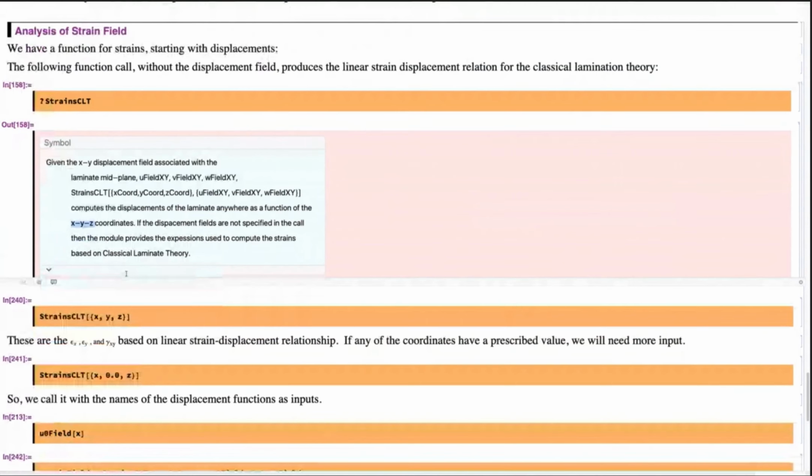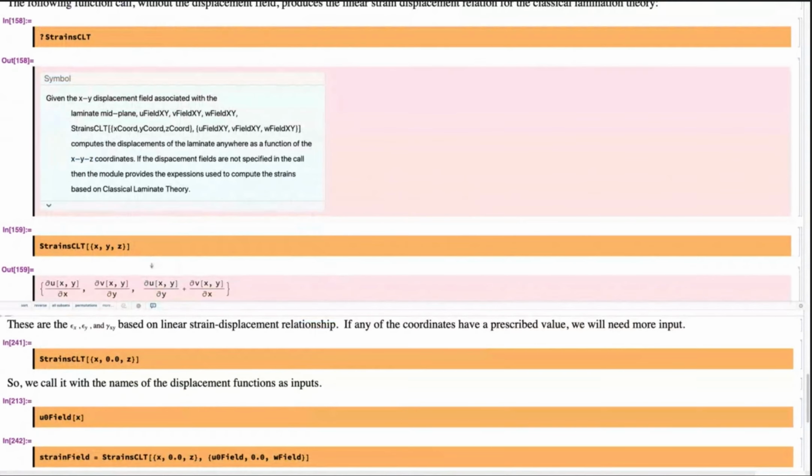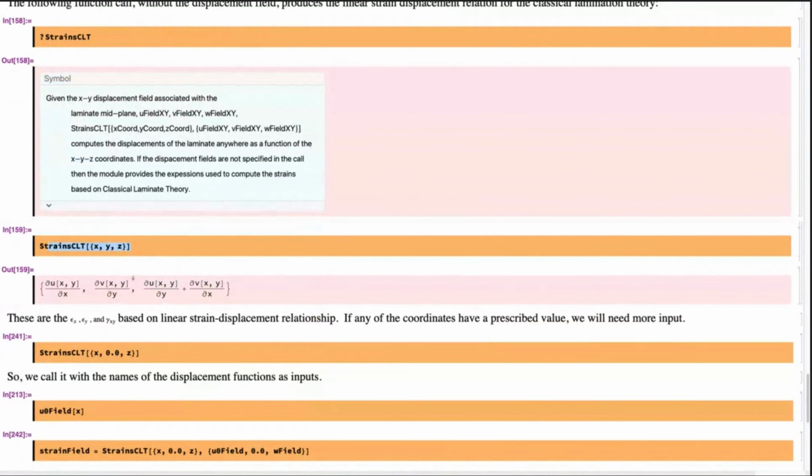Strains and displacements are very similar, but if you type it symbolically, that shows the relationship between u and strain. Epsilon x is partial u, partial x. Partial v, partial y is strain in the v direction.